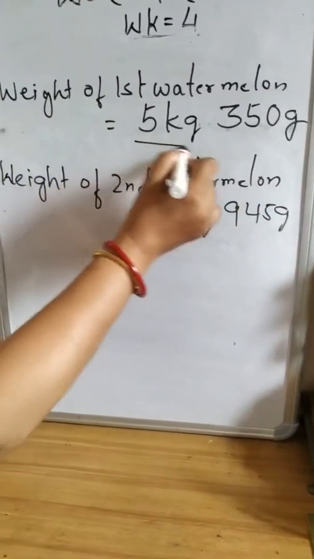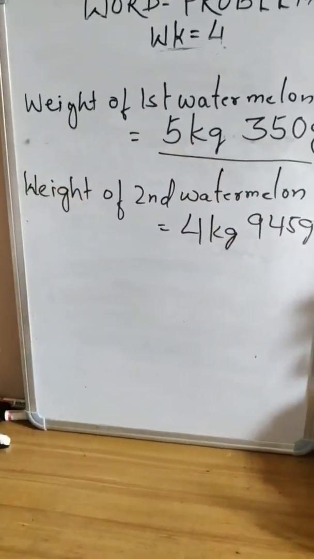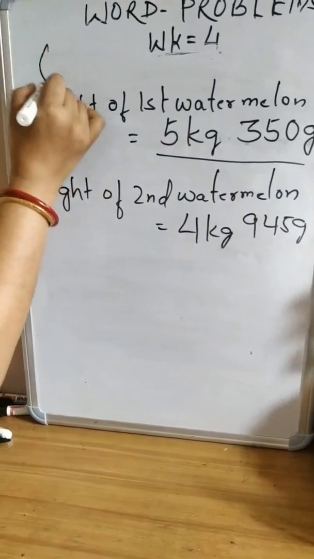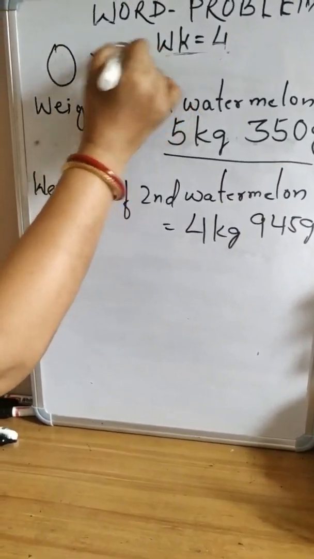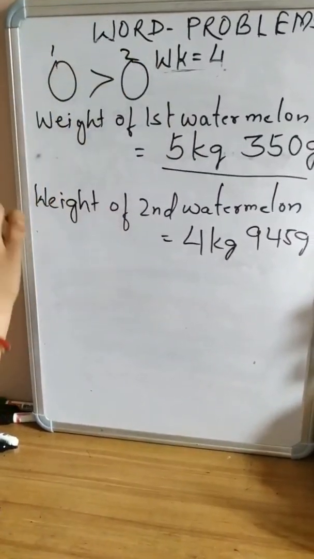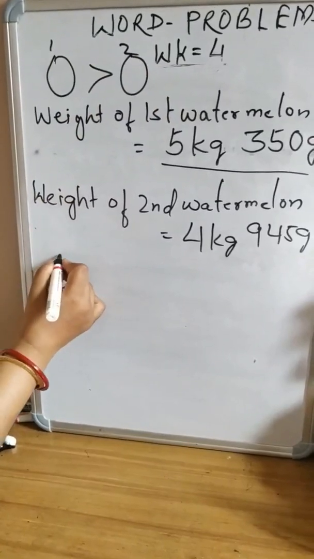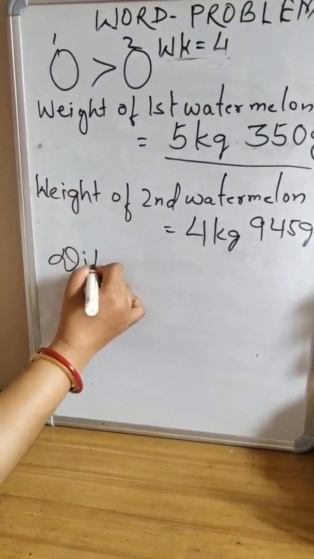So we know that this is more. We have compared it. This watermelon, that is the first one, is more than the second one. This is first, this is second. Right?